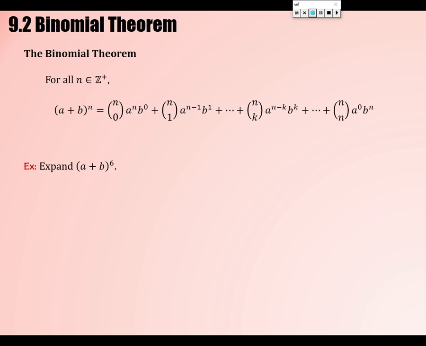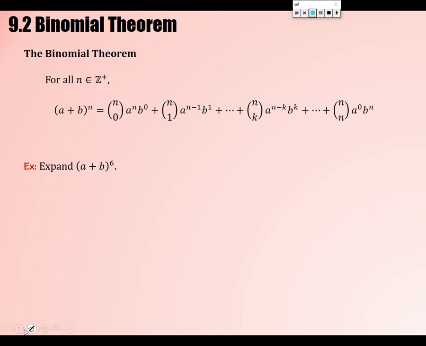We'll also expand a plus b to the 6th. As you expand a plus b to the 6th, try to do it not from the previous one. I know it's in your notes there, so you can already say what it is from the previous just out loud probably, because you have a plus b to the 5th written there in your notes now. But see if you can do it tracking this theorem here, right? Does it work?